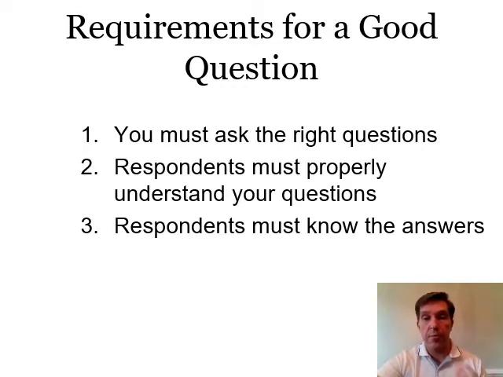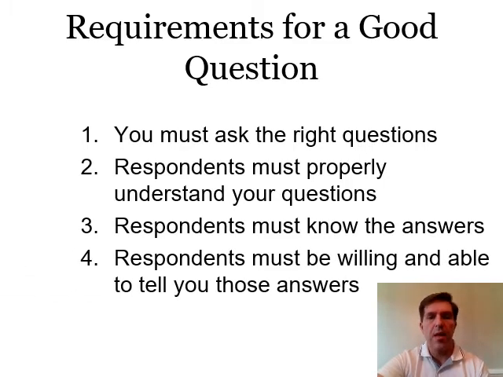This involves maybe some screener questions in the beginning to make sure that the person qualifies both in terms of the demographic profile that we're interested in, and or whether they have the knowledge to answer the question. Maybe they don't use the product category, maybe they don't buy it at all. So then why are we going to ask them about willingness to pay? They might not know, right? Good. And then finally, they should be willing to give those answers. And we're going to try to do a good job in making sure that they feel comfortable with the questions instead of maybe not being willing to divulge that information.